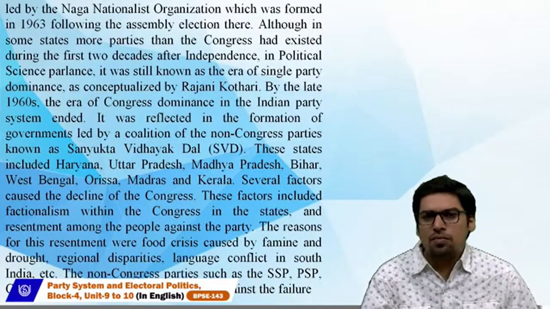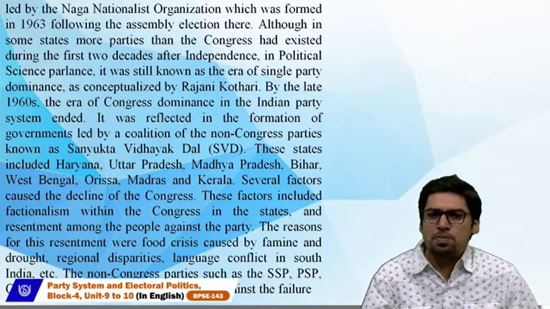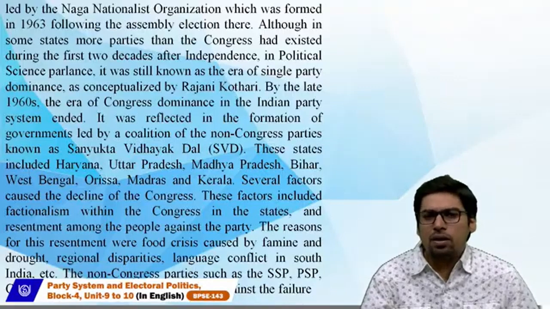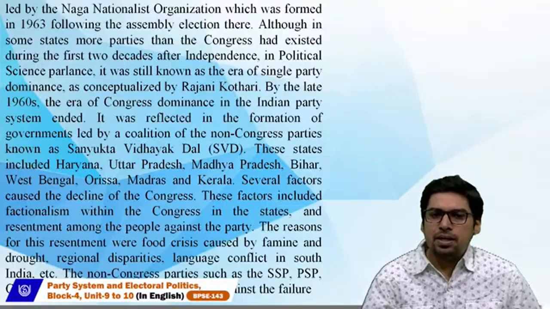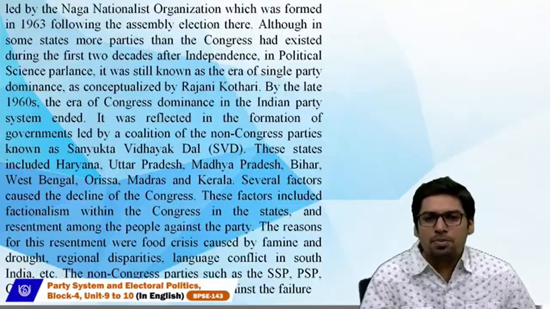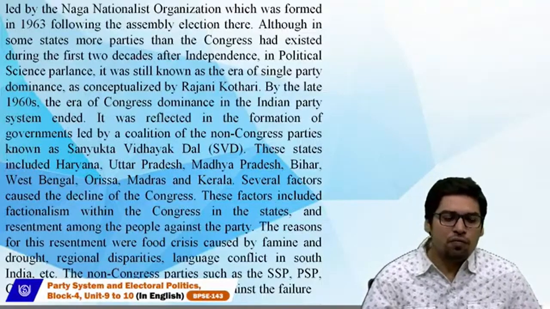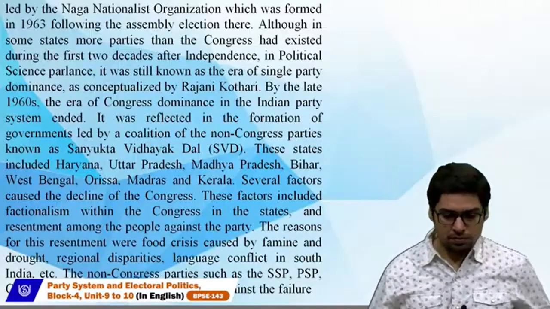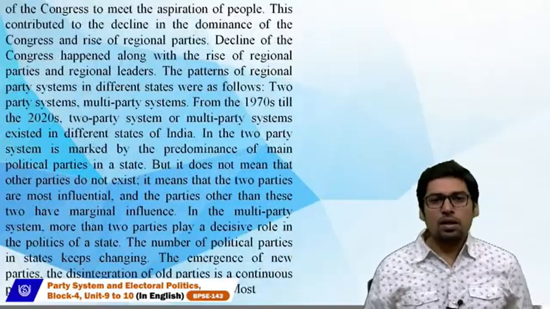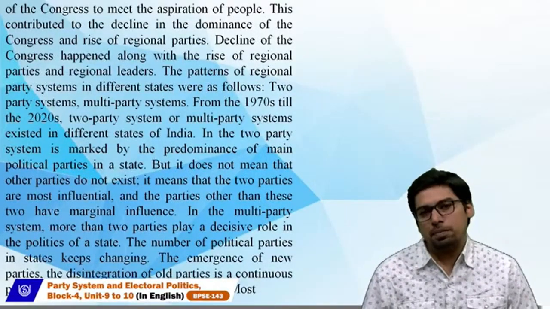The reasons for the resentment were the food crisis caused by famine and drought, regional disparities, language conflict in South India, etc. Non-Congress parties such as the SSP, PSP, CPI, Jana Sangh and RPI mobilized people against the failure of the Congress to meet the aspirations of the people.